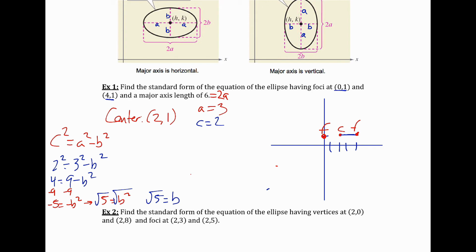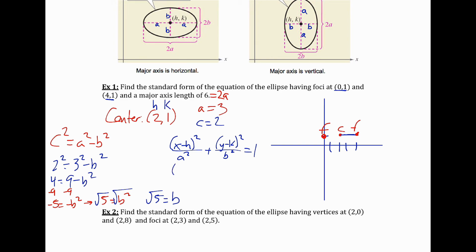Okay, now we've got a bunch of information here. We can start writing our equation. We have (x minus h) squared over a squared plus (y minus k) squared over b squared equals 1. The h and the k we did not label yet, but we can find those pretty quickly because the h and the k are just the x and y coordinates of our center.